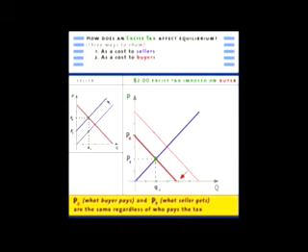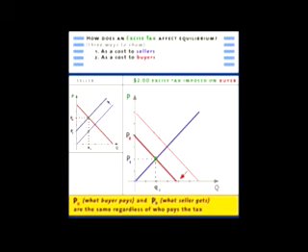From the point of view of geometry, they're exactly the same thing. It doesn't matter whether you're moving this curve downward or this curve upward. You're still going to have the same point of intersection. You're going to have the same quantity traded, and you're going to have the same price paid by the buyer and received by the seller.